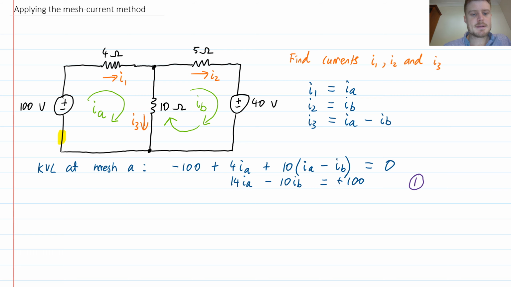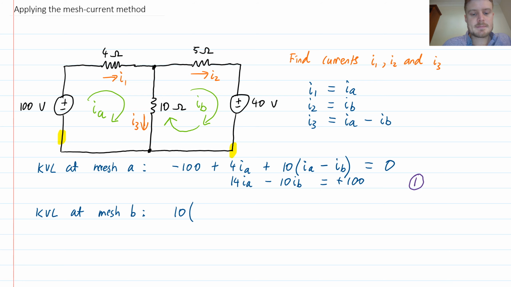My next step is to apply Kirchhoff's voltage law at mesh B. Again, I choose an arbitrary starting point. I might as well pick, let's say, the corner over here, and I proceed in a clockwise direction around this mesh. The first component that I encounter is my 10 ohm resistor.